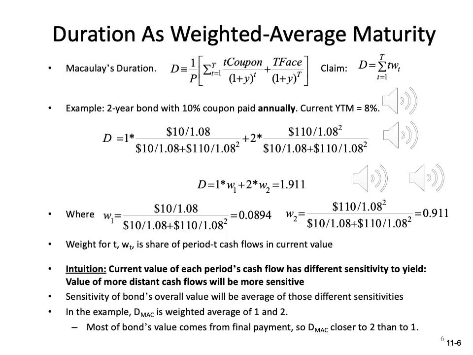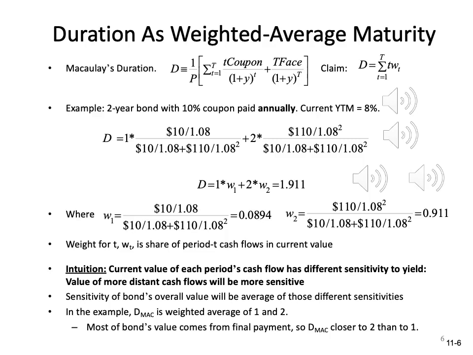If you look at the simplified formula, D is the summation of the weighted average of time, W_t times t. So what is W_t? Let's take a look.